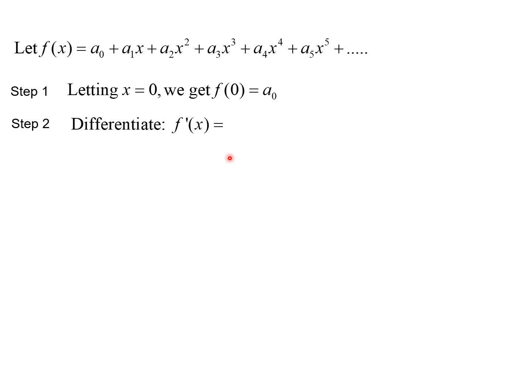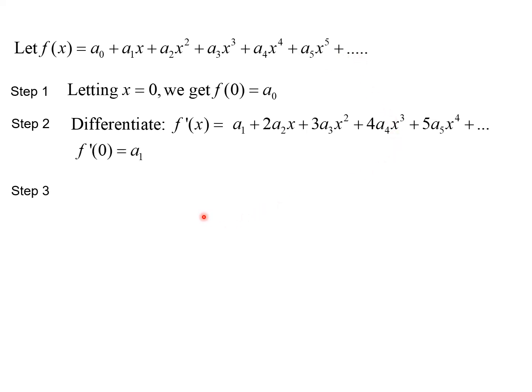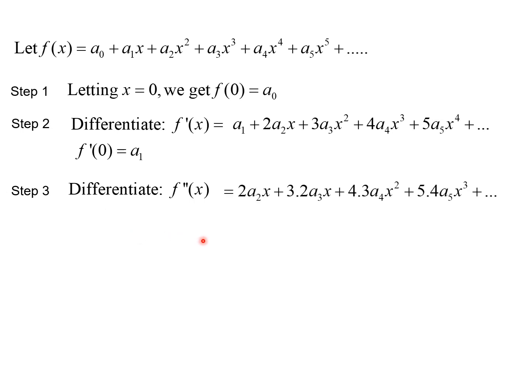Next step, we differentiate f(x), and also the terms that contain a0, a1, a2, and so on, and then we can obtain our a1. Next we differentiate again to f double prime, differentiating f(x) and also the terms that contain a1, a2, and so on, and we obtain this.